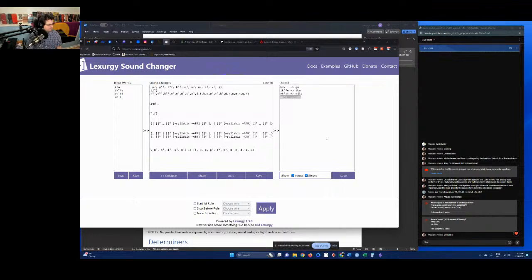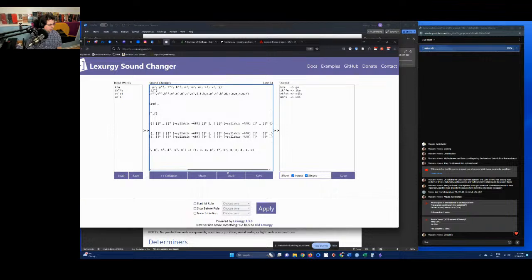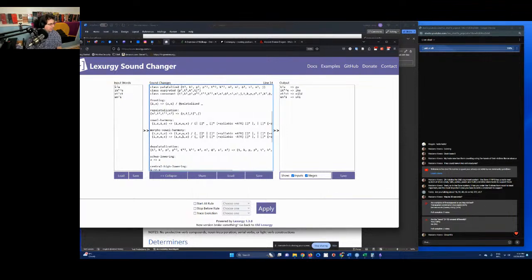So I have so much trouble with my vowel harmony. I know what happened. I forgot these. It's not a problem with the rule, it's a problem with my input.